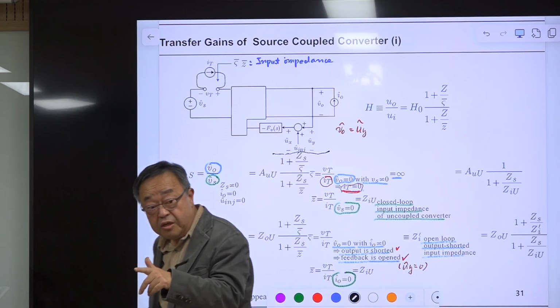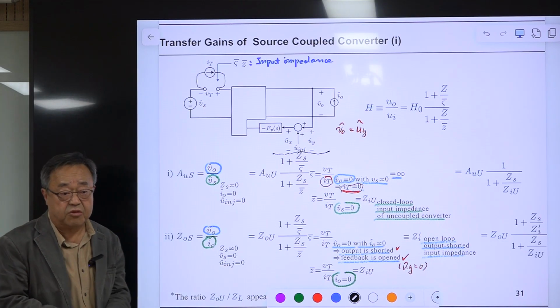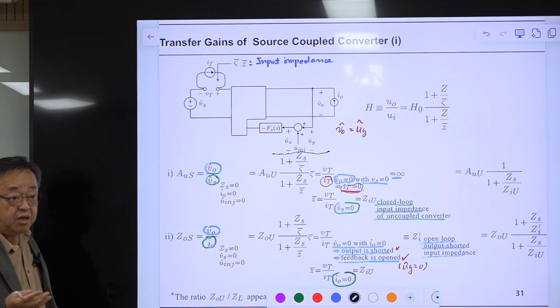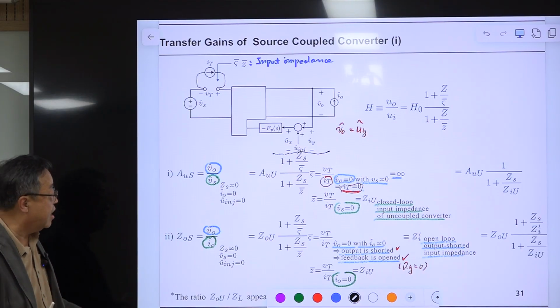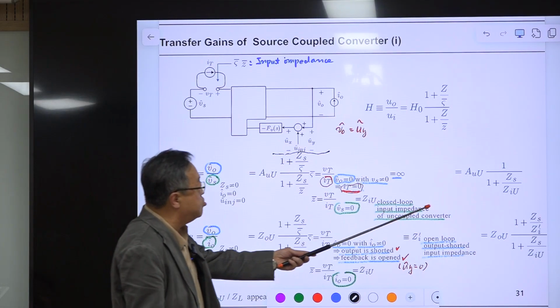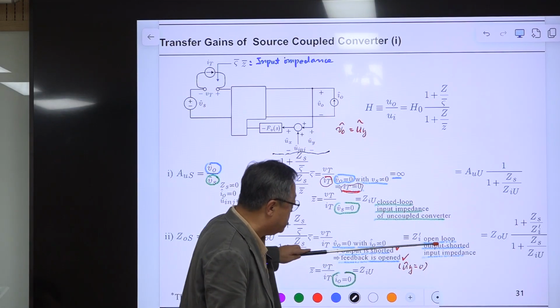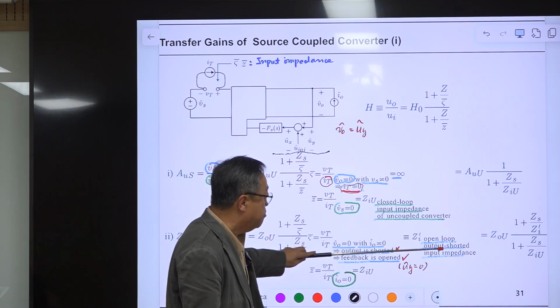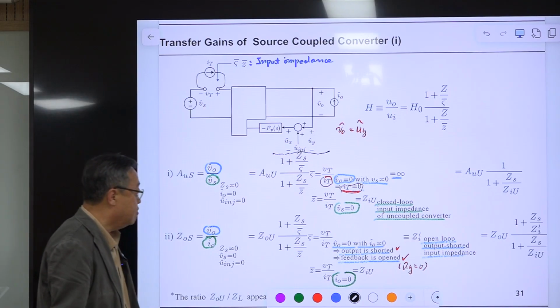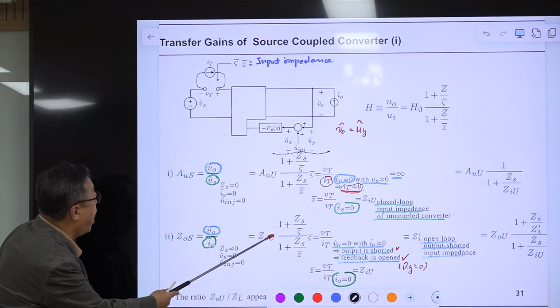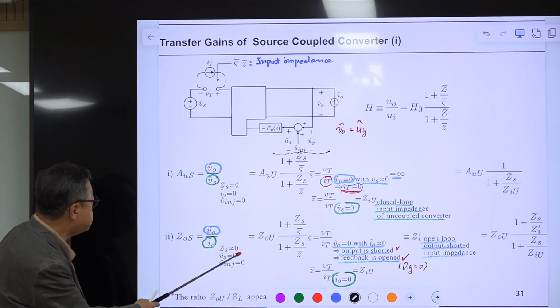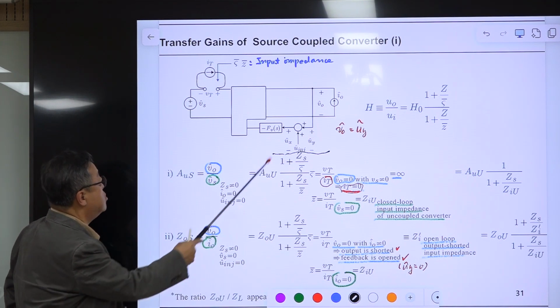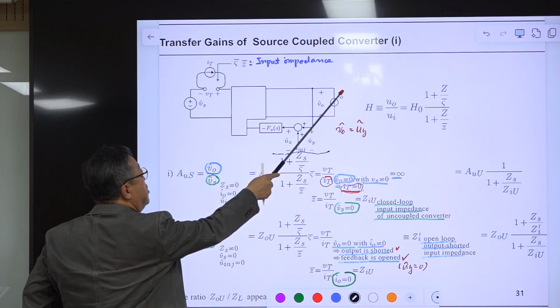Output is shorted, so you can easily find the input impedance from the small signal model. The other one is not easy to evaluate, but this one is extremely easy, very trivial. And IO is 0, so it is open, so it really doesn't matter.